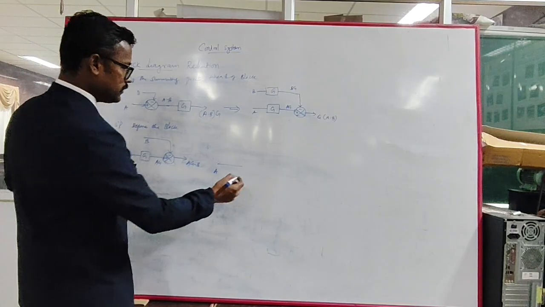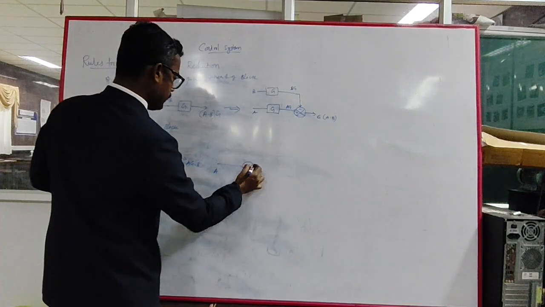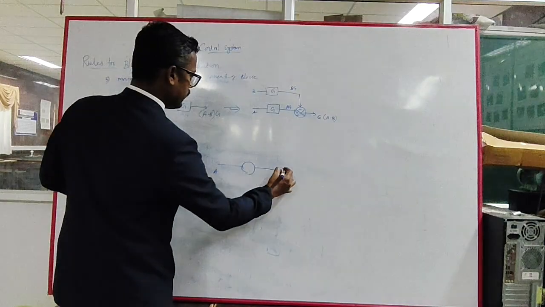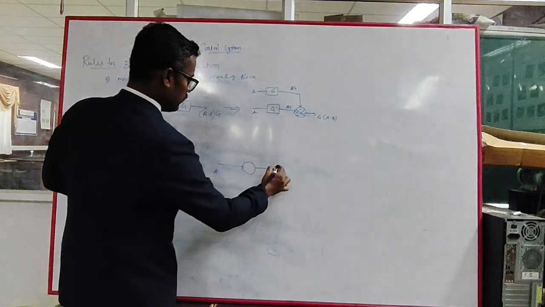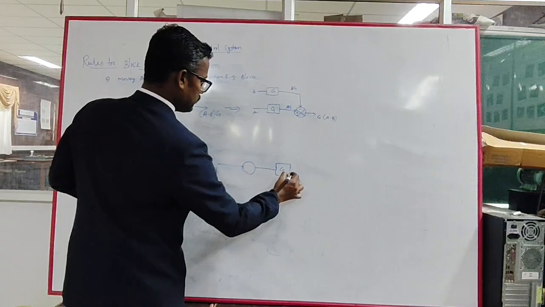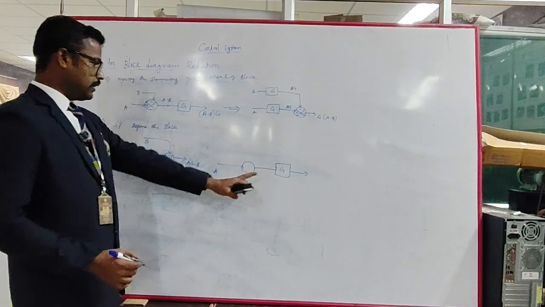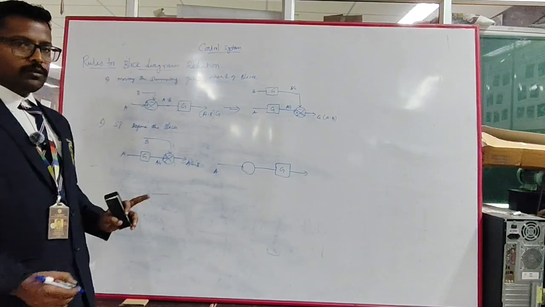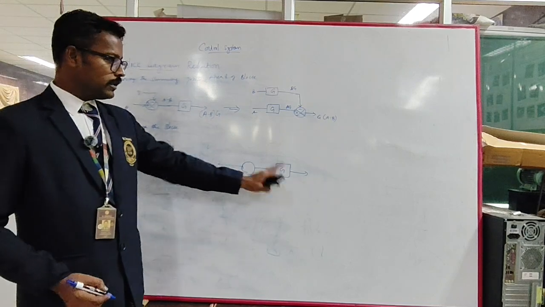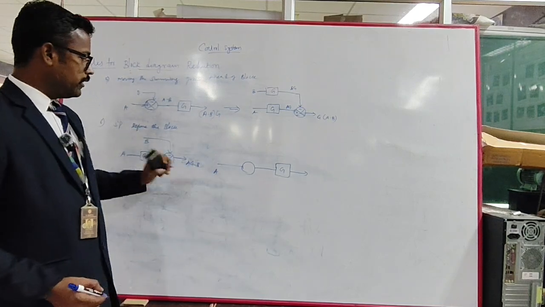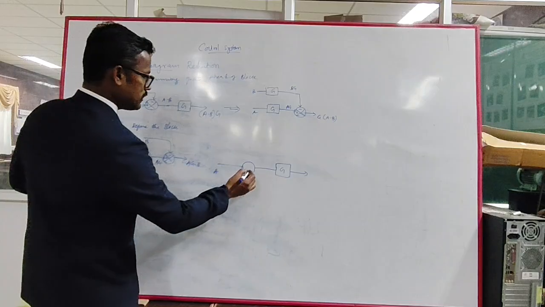Before the block, that means we have a summing point here, and after the summing point we have the G block. So I moved the summing point before the block, and I need to get AG.